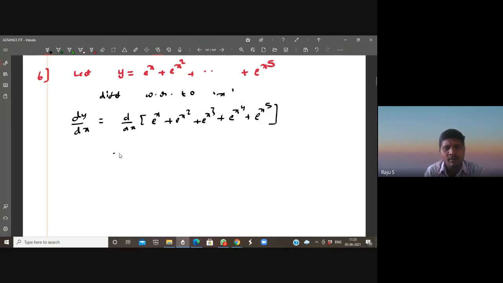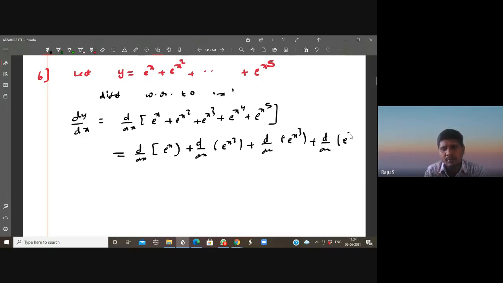Now apply separately: d by dx of e power x plus d by dx of e power x square plus d by dx of e power x cube plus d by dx of e power x power 4 plus d by dx of e power x power 5.